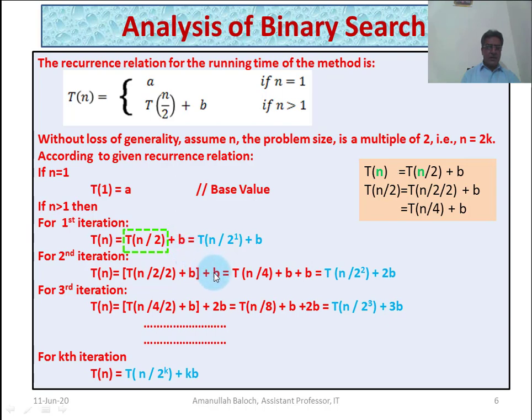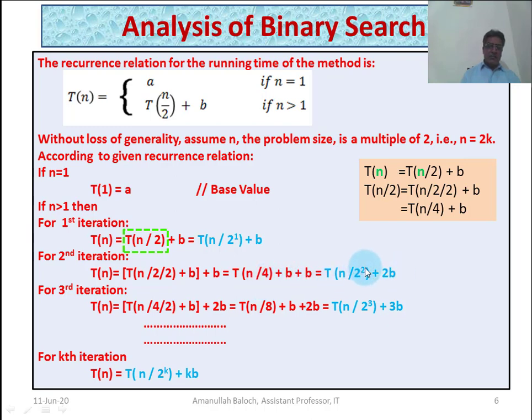I bring this plus b here from the upper level. This is the right side of T of n divided by 2. I substitute here. It becomes T of n divided by 4 plus b, and this plus b I bring from that upper level. So it will become T of n divided by 4, which can be written as 2 to the power 2, 2 to the power 2, b plus b is equal to 2b.